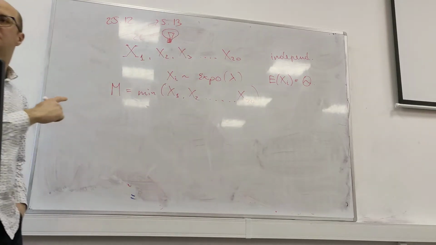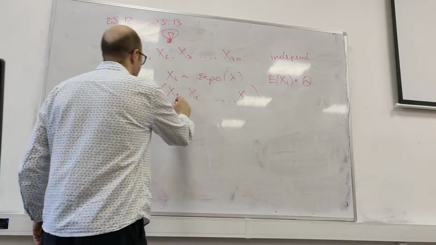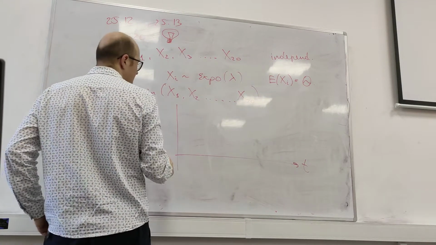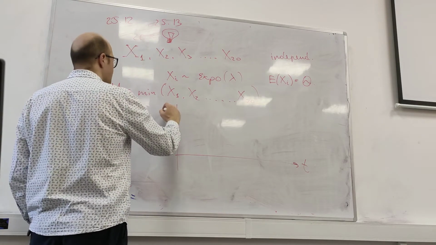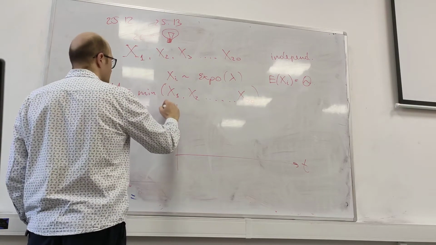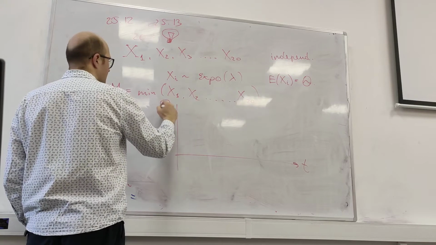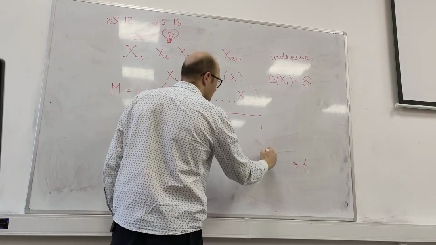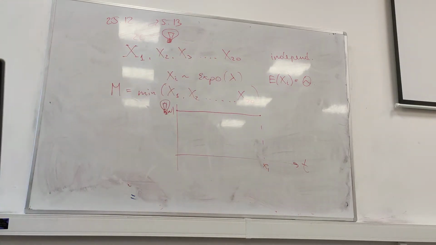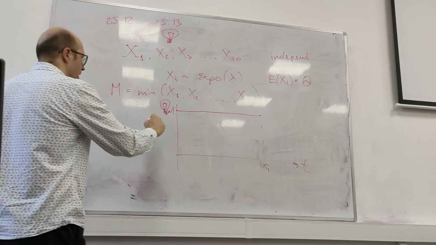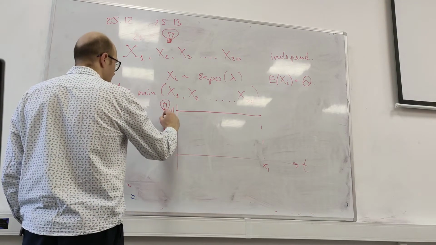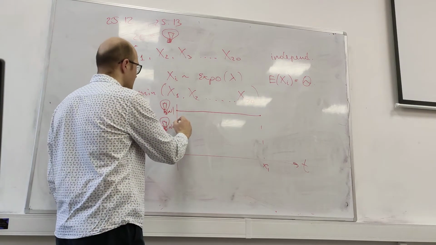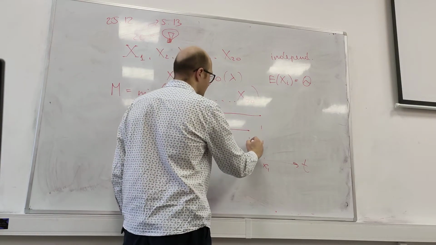If I draw a timeline, this is t, and this is the first light bulb, number 1. It lives and it goes off. This is x1, the lifetime of the first light bulb. I have the second light bulb, number 2, and let's say it has a lower lifetime, x2.